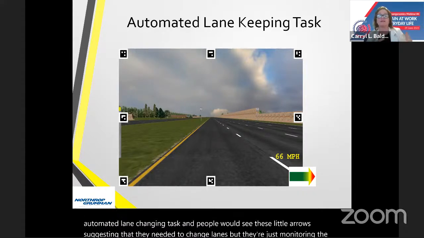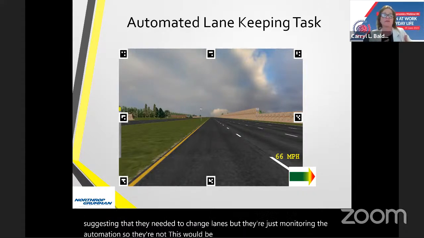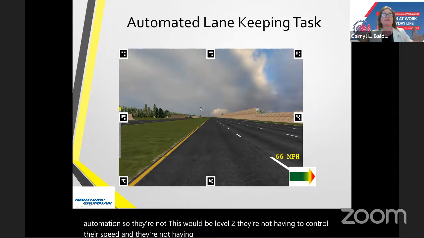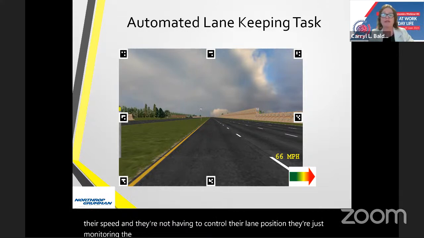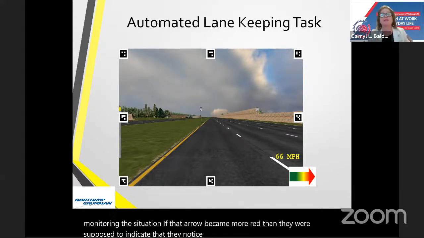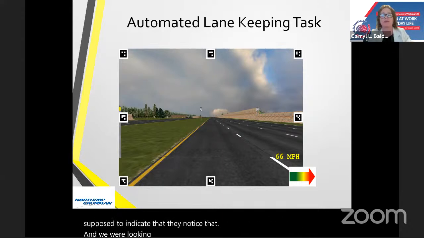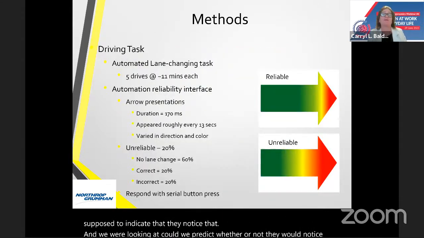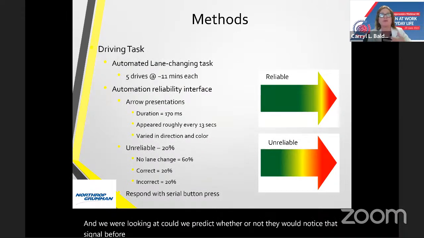This would be level 2: they're not having to control their speed and they're not having to control their lane position. They're just monitoring the situation. If that arrow became more red, then they were supposed to indicate that they noticed that. And we were looking at, could we predict whether or not they would notice that signal before they actually got it? Could we predict that they might miss that critical signal?